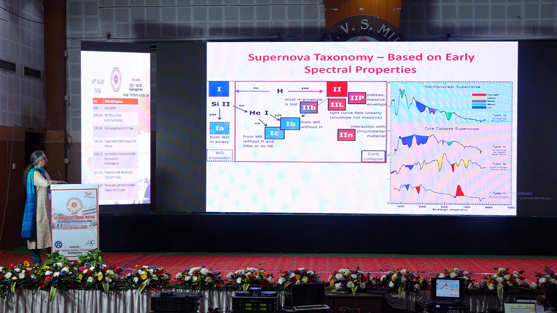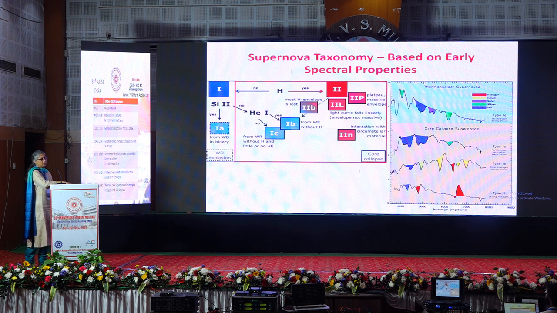And they are all due to the collapse of massive stars. However, this type here, what we call the type 1A, these are due to white dwarf explosions, and they're also termed thermonuclear supernovae.